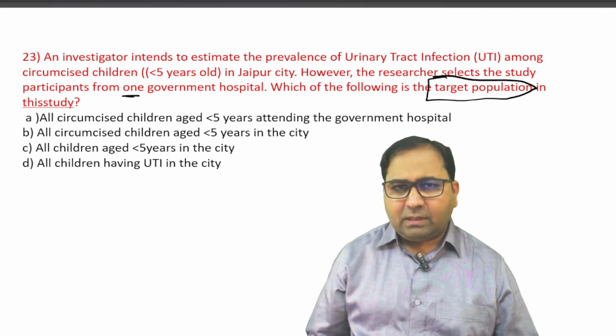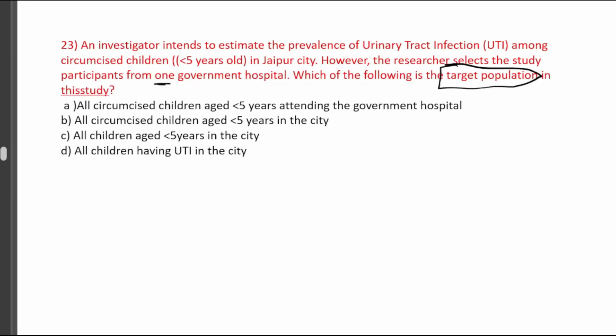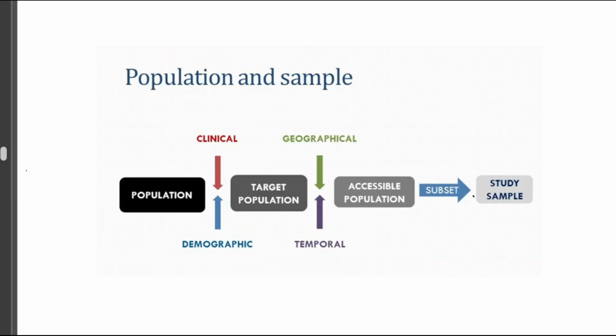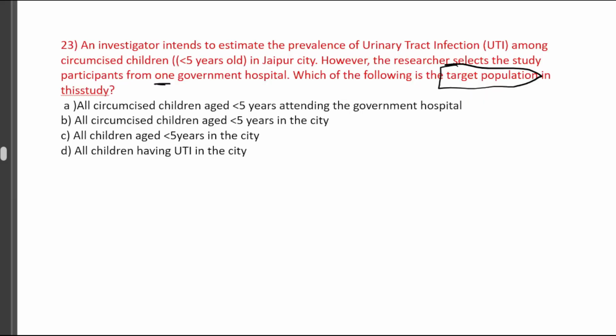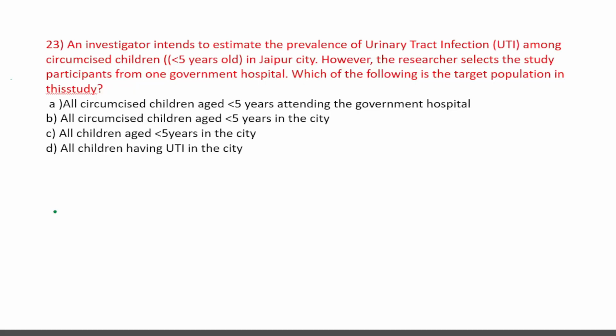Let us go back to that diagram once. Now see this diagram over here. When such a type of question is asked, you have to keep this diagram in consideration also, because you see what they have asked: which of the following is a target population. This is the target population. Target population came out of main population.